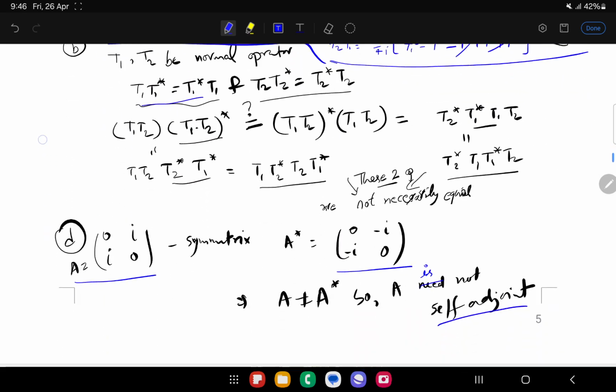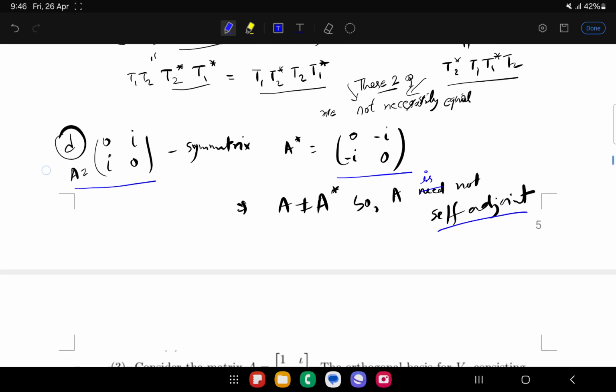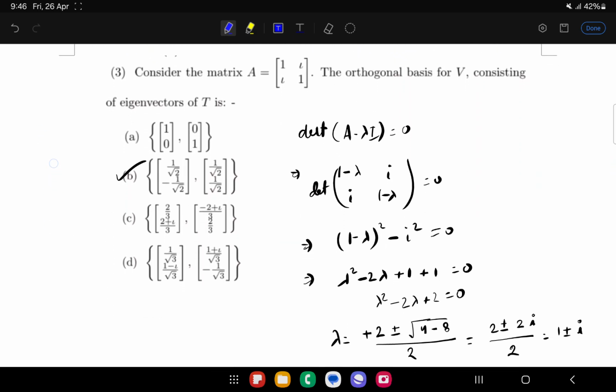Okay, so let's see the next question. Consider a matrix. An orthogonal basis for V consisting of eigenvectors of T is. First I calculated the characteristic polynomial for A like this.